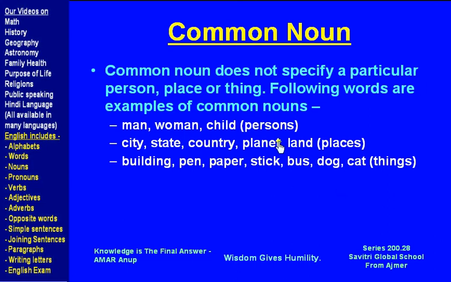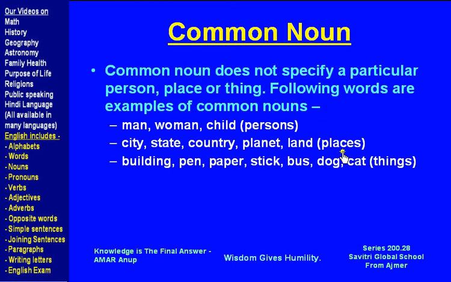Examples of persons as common noun include man, woman, child. Now any man can be called a man, so it's a common noun. Any woman can be called a woman, and any child can be called a child. So they are all common nouns.